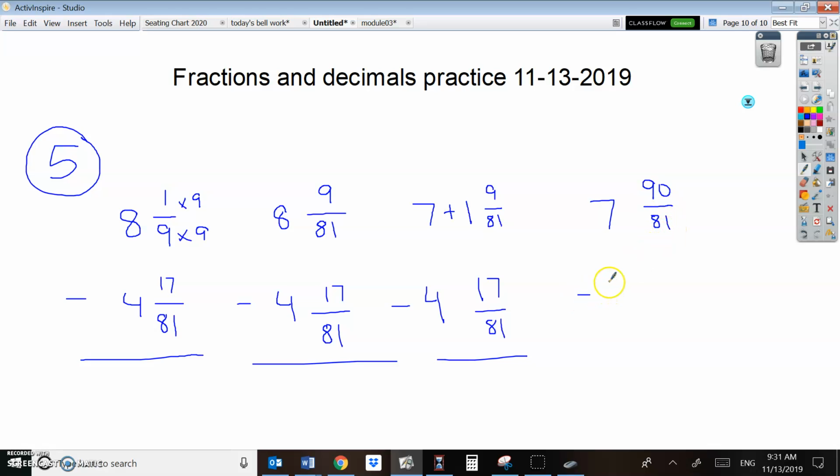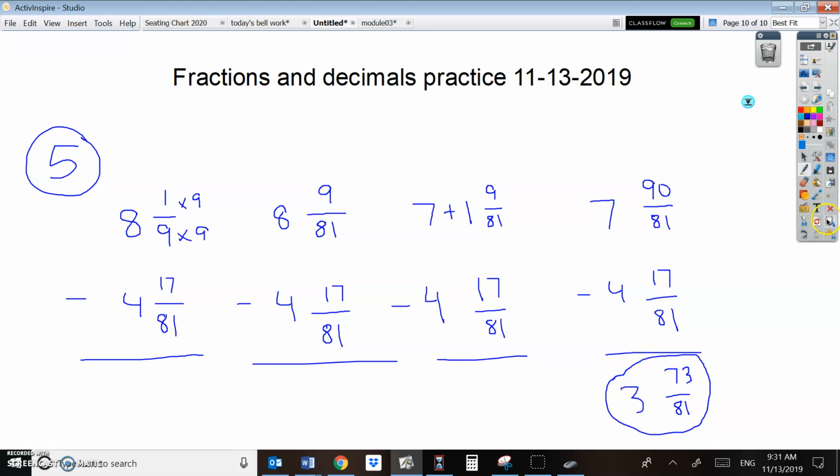Seven and 90 over 81 minus 4 and 17 over 81. Now do 90 minus 17. 90 minus 10 is 80. 80 minus 7 is 73, so it's going to be 73 over 81. 3 and 73 over 81.